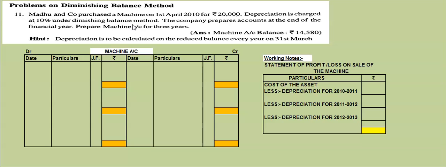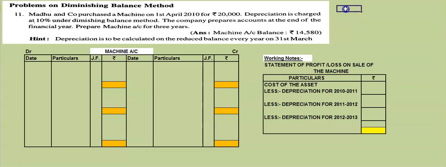Today we will learn diminishing balance method. Diminishing balance method is also called as written down value method or reducing balance method.